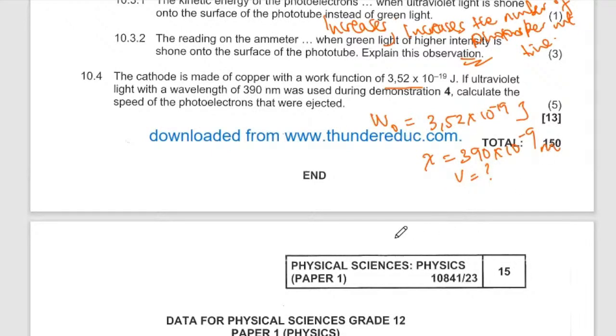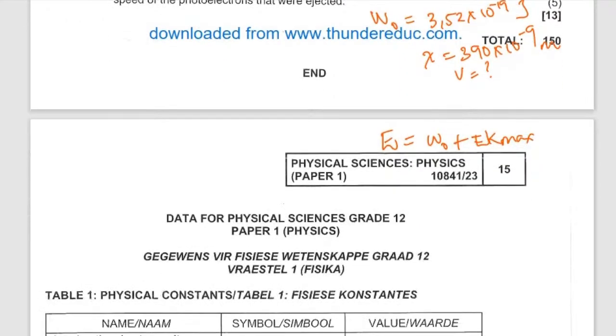Now we know that the energy E must be equal to W naught plus the EK max. So this E can be given as h lambda over c, equal to our W naught plus the EK max, and then we can do the substitution.